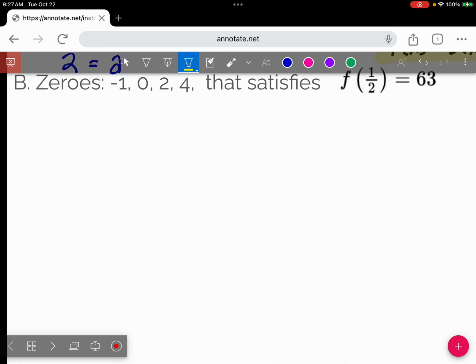All right. So let's look at B here. How are we going to start this?